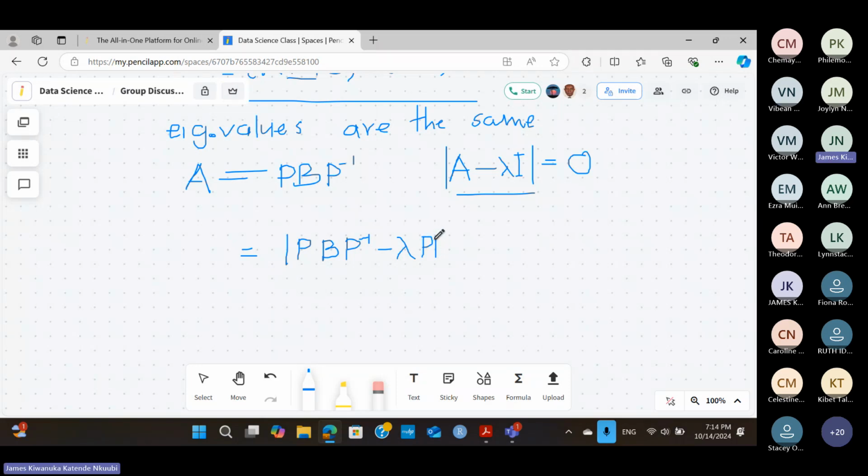If this doesn't work, you just reverse the order, it should work. So this is the determinant of this matrix in here. Now in this matrix, if you look carefully, lambda is just a scalar, so the scalar can be ignored. This matrix can jump to the other side, there's no problem. So P is common on the right-hand side.